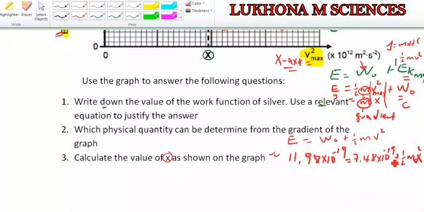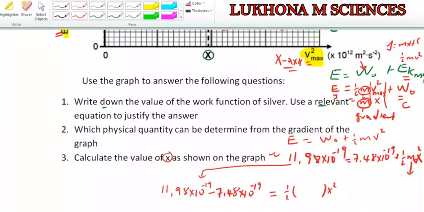Okay, now let's go to the data and check the mass of one electron. The mass of electron is 9,11 times 10 to the power negative 31.